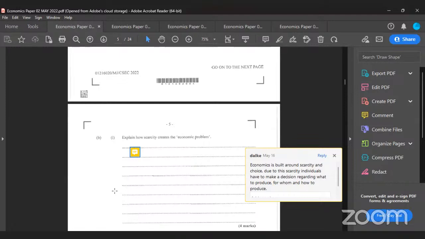For example, it's mango season, but mangoes are not in infinite supply. So you have to make a decision with regard to how many mangoes you can or want to eat. You cannot eat infinity mangoes. Sorry about that noise in my background. There's a vehicle passing. Just give me a second while it passes.